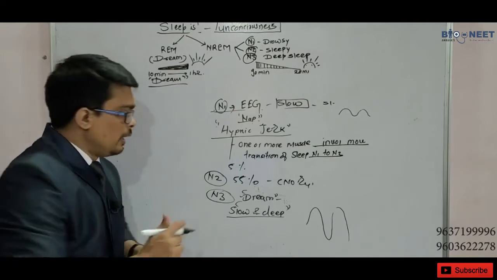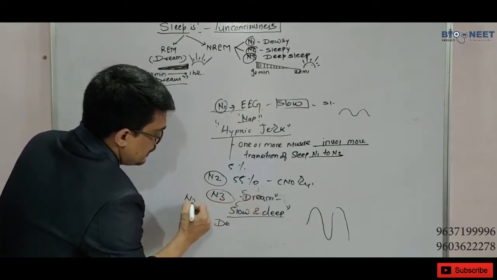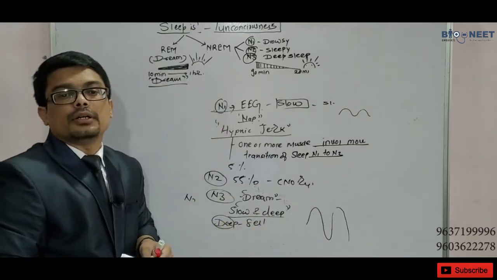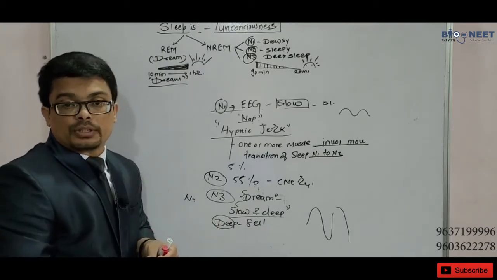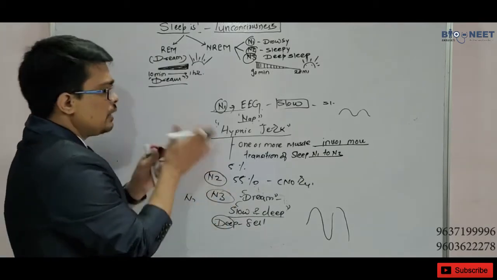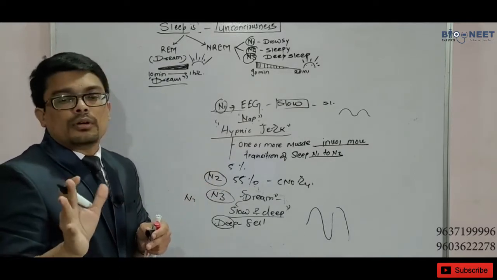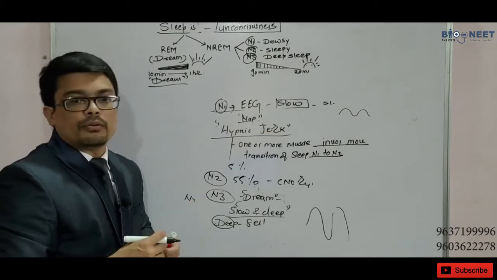You have to remember. This is called deep sleep. Very easy: N3 deep sleep, delta wave. And this is the only sleep after which we feel refreshed. If we finish the N3 sleep, then we feel refreshed. If you don't finish your N3 sleep, you cannot really feel fresh.